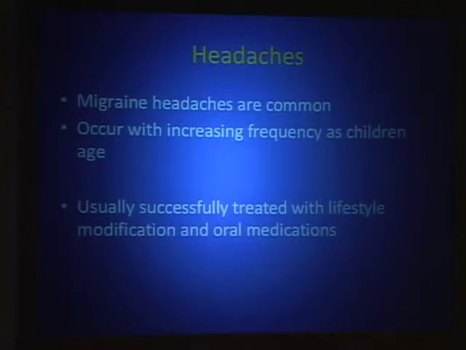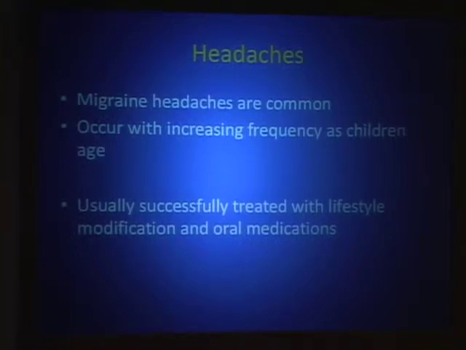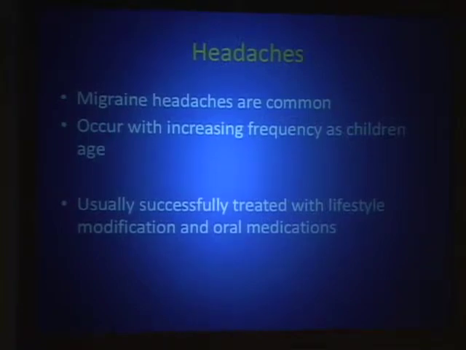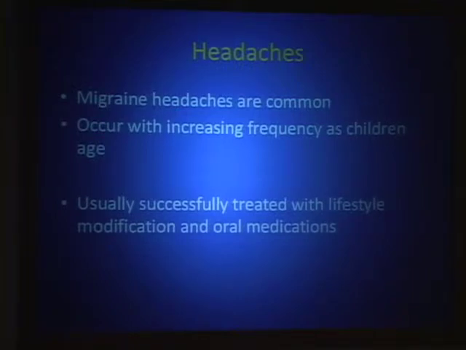Oftentimes they're nauseous. They feel like they might throw up. And sometimes associated with that you can have weakness too. And that's a complicated migraine. And with PHACE patients, you worry more, is that a stroke or is it just part of the migraine? And as they get older, sometimes they can get more frequent as well.